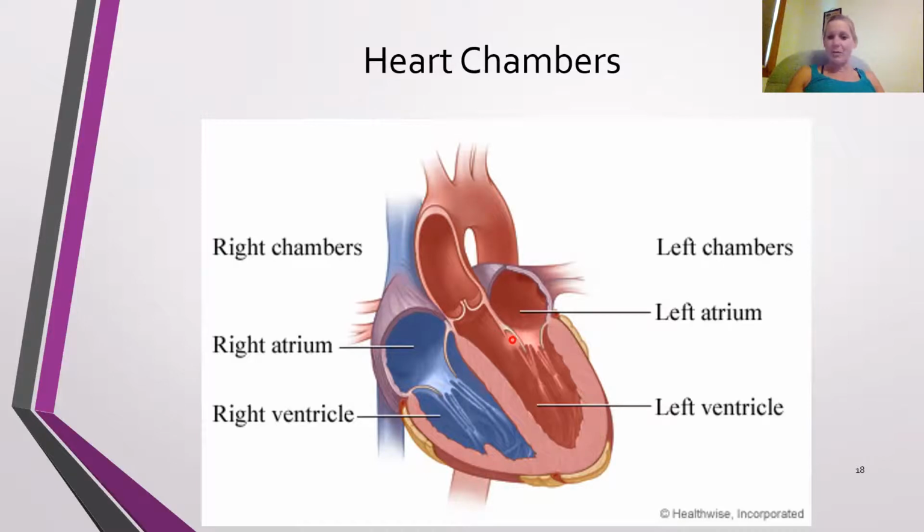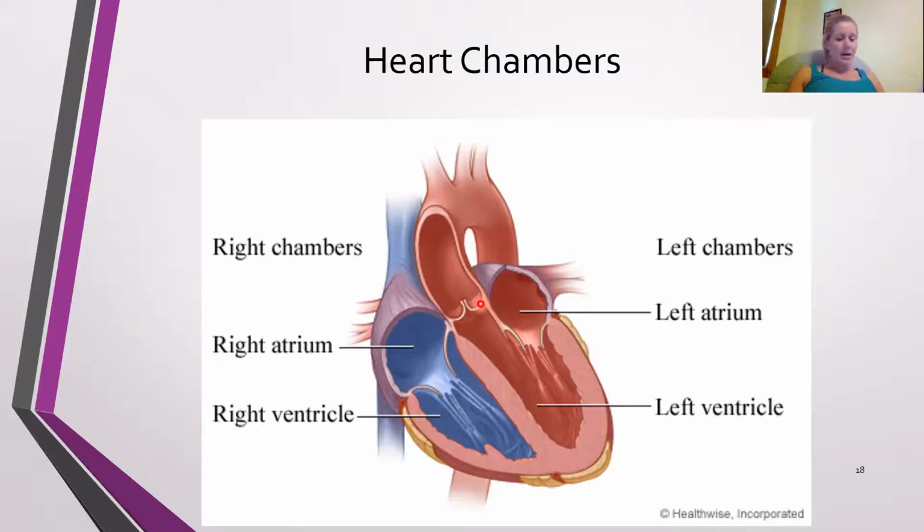And again, that's going to be made of 2 flaps, essentially. Then we have semilunar valves, and these are like moon-shaped, basically. And the semilunar valves are going to be found in the aortic and pulmonary arteries.